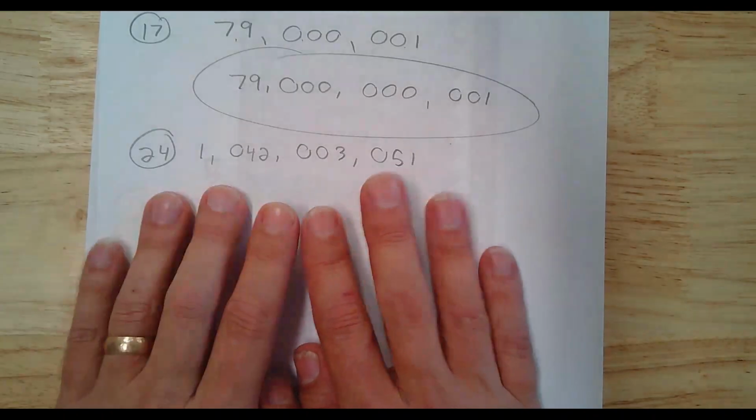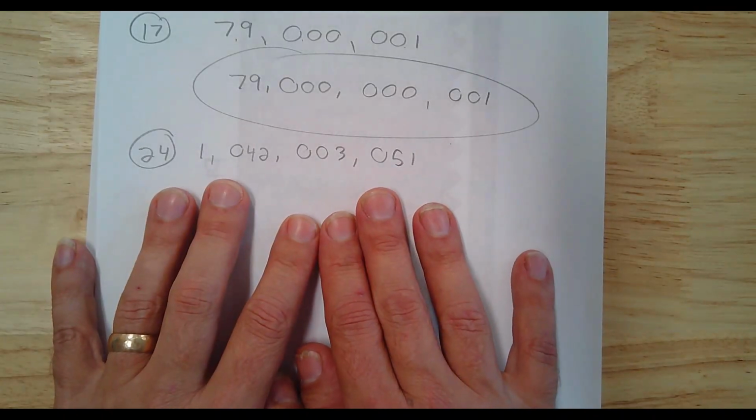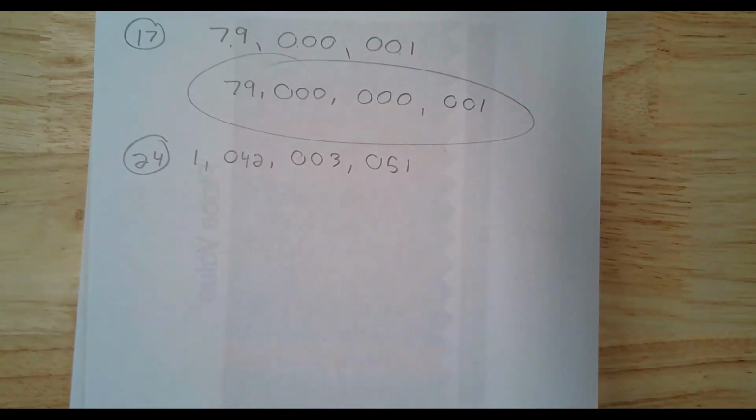But the first thing you need to do is decode what number this is. And once you know it, then just write out what your brain has told you. And again, you can do this a couple ways.